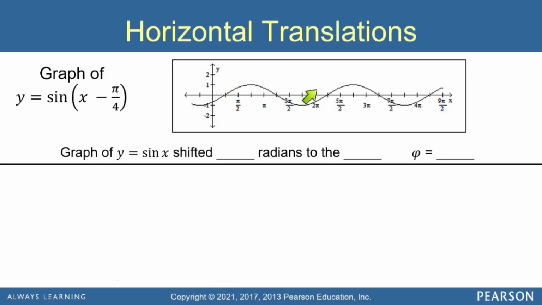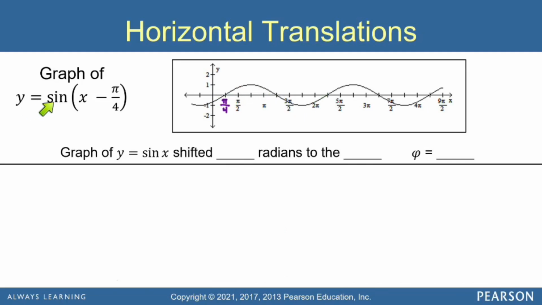So when we come over here to the graph, notice that the middle, high, middle, low, middle pattern has been shifted away from the origin. In fact, that pattern starts at pi over 4. And I know that's pi over 4 because even though it was not labeled on the original graph, we have 0 here and pi over 2 here. So halfway in between them must be pi over 4. Okay, so here is the start of the sine pattern.